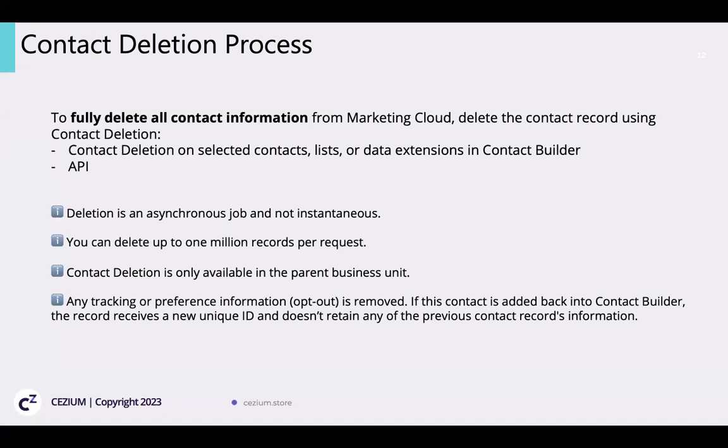It's important also to see that there's no restoring option, but you can add back the contact in Contact Builder, just that you won't be able to link it to the previous information. So what you can't do is a rollback to previous configuration and data.